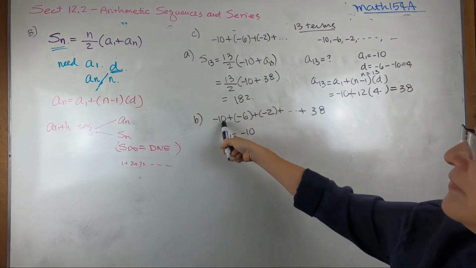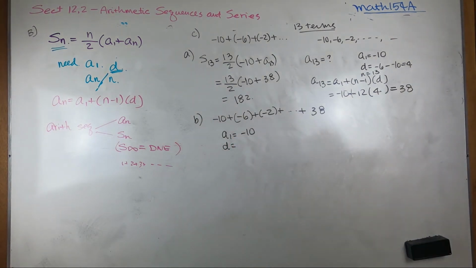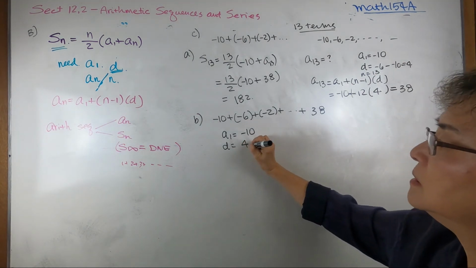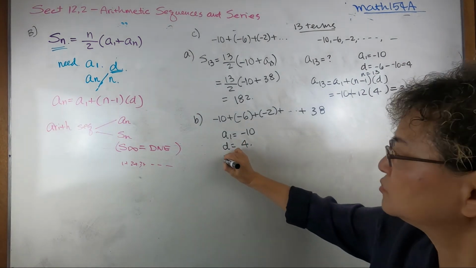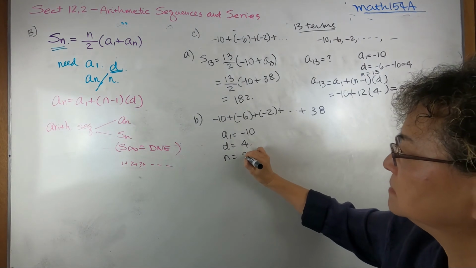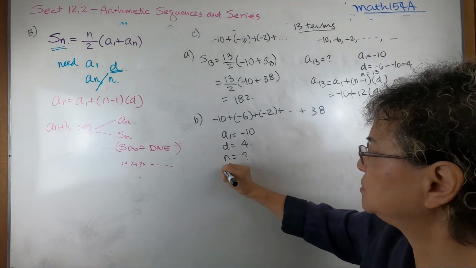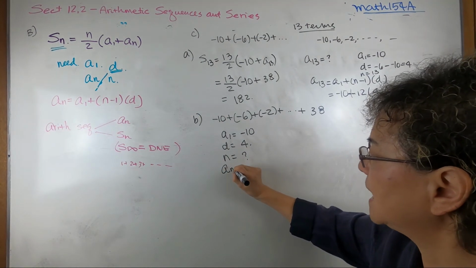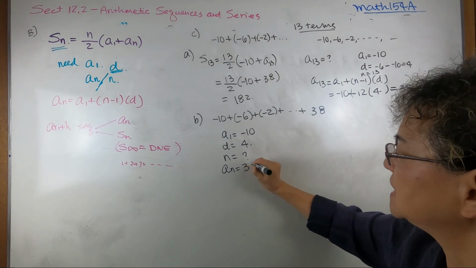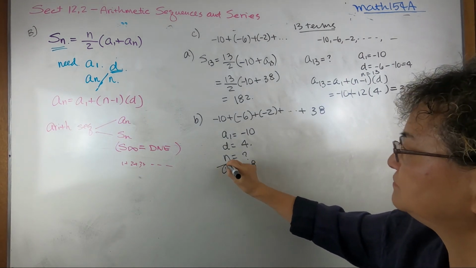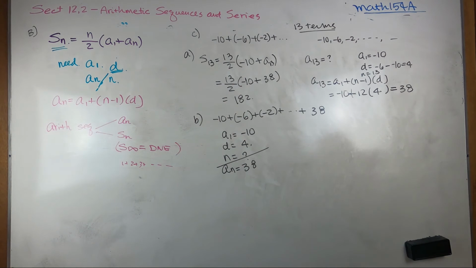D is what? You can find the difference, right? Which is 4, right? Then do we know the N? We don't know how many terms there are, right? But we do know AN, the last one is 38. So those go together.